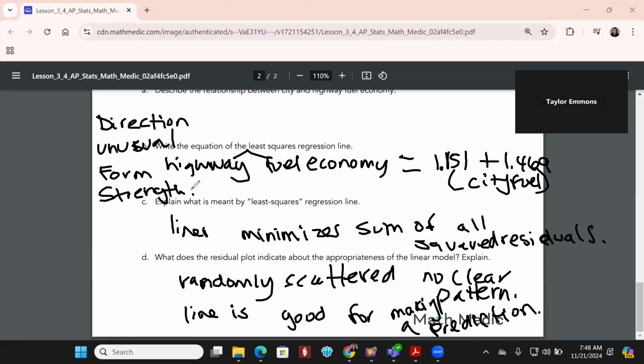It may not be the best line though, because of the residual. Looking at the residual, we get a U shape. If we look at the residual on this one, that's still kind of random, so it doesn't have a U shape. Remember, U shapes are bad. Correct. We want scattered residuals.